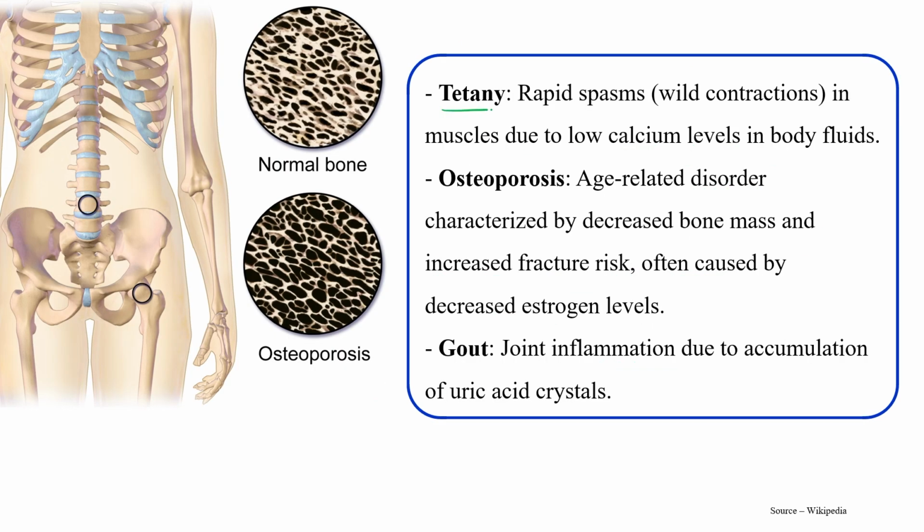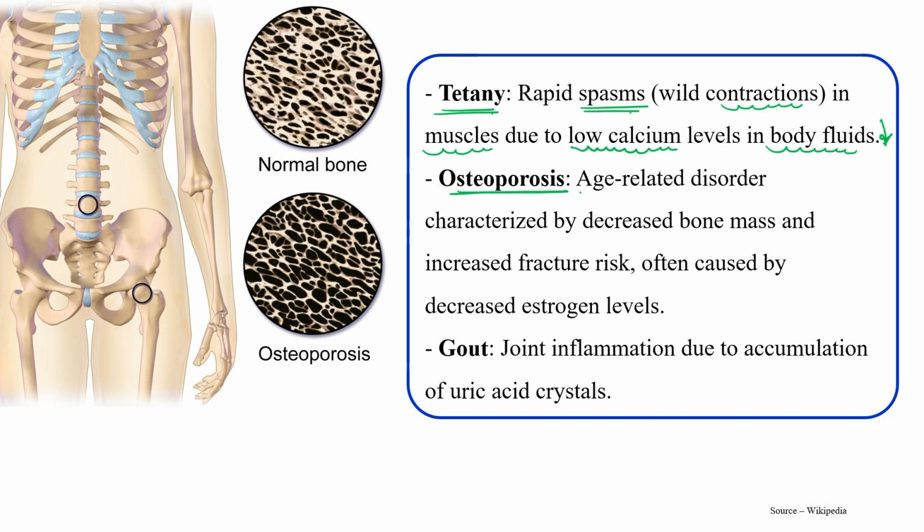Next is tetany, in which rapid spasm, meaning wild contraction of muscles, occurs due to low calcium level in the body fluid. If calcium decreases significantly in one's body, then rapid spasm occurs. Next is osteoporosis.